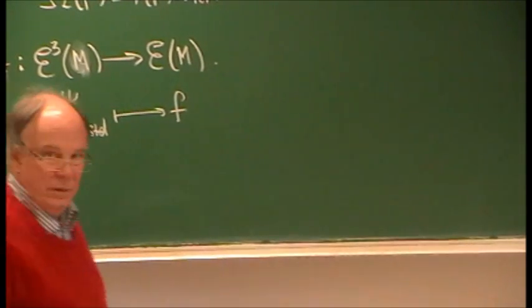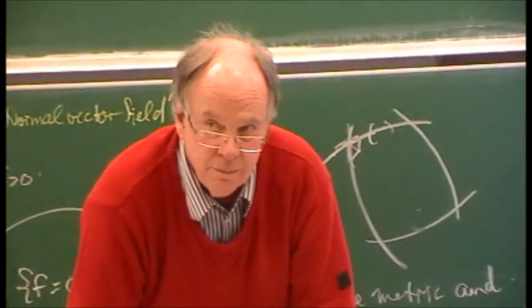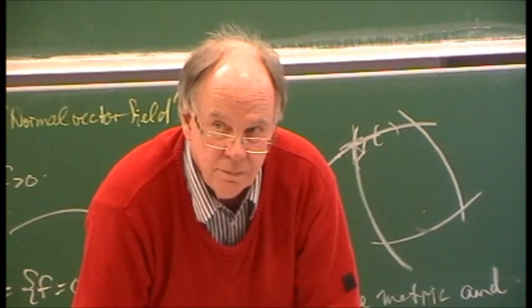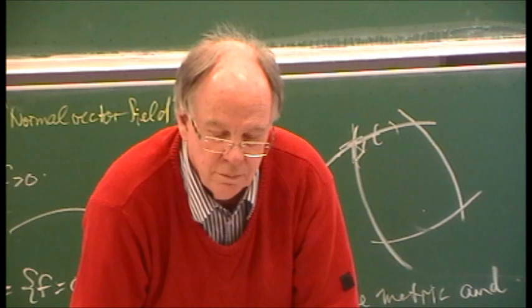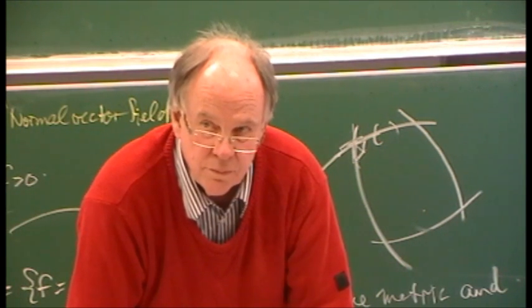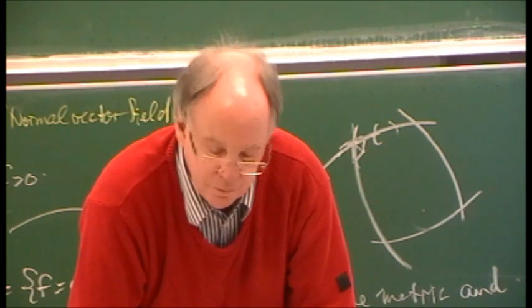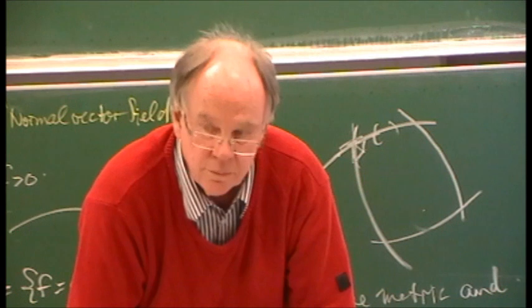Professor, can I ask a question? Sure. It's an old question, but I didn't manage to figure it out. So when we started talking about one forms a long time ago, we defined them as functionals on the space of vector fields. Right. That's what one forms are. And then you said that there is a God-given operator D that sends functions to one forms.